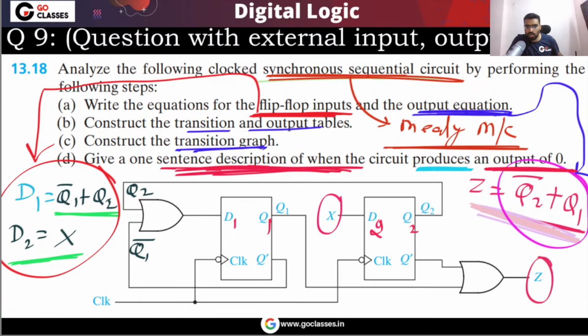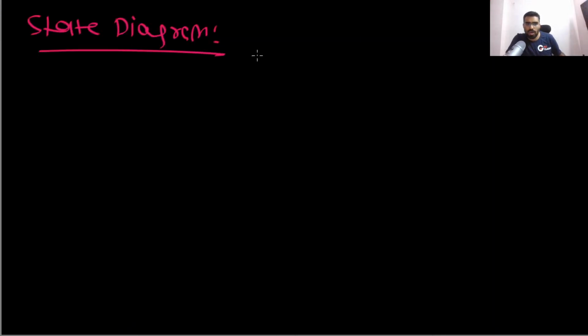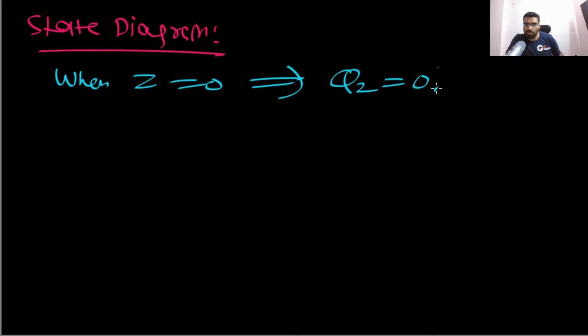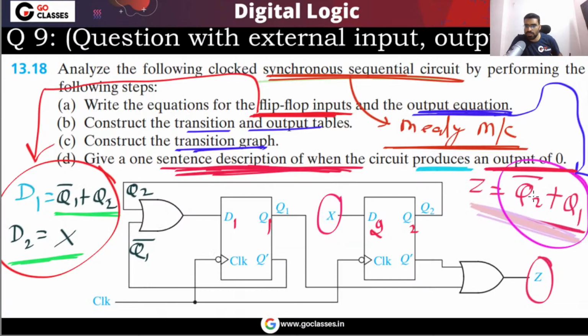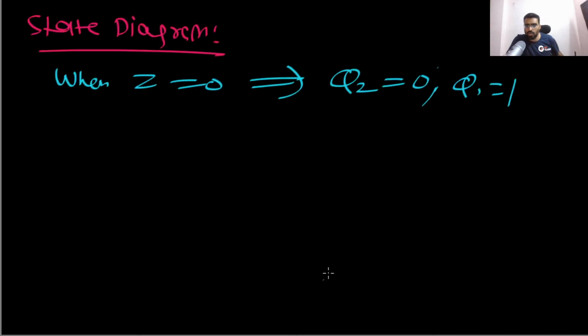When q1 is 0, q2 is 1. Okay, so you can notice when z equal to 0, it means q2 equal to 1 and q1 equal to 0. You can notice q2 bar or q1: this will be 0, this will be 1.